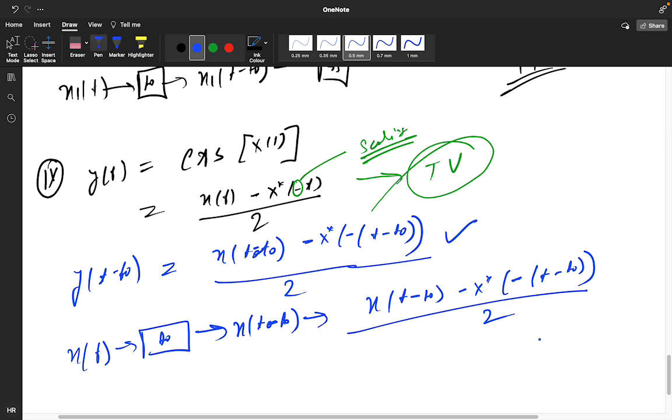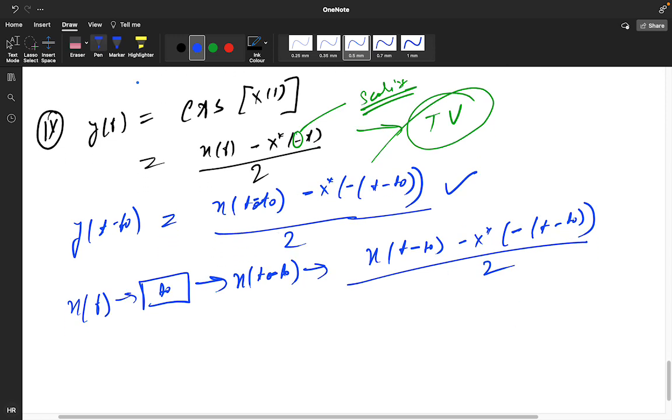Okay, wait, I did something wrong here. If you are doing a delay of t minus t naught in this, then x of t minus t naught minus x conjugate of minus t delay means minus t naught, and now you are taking t minus t naught as the input, so x of t minus t naught minus x conjugate of minus t plus t naught will come.